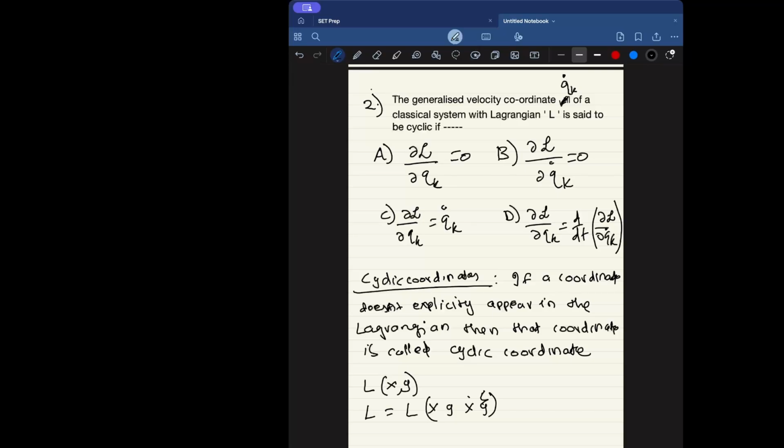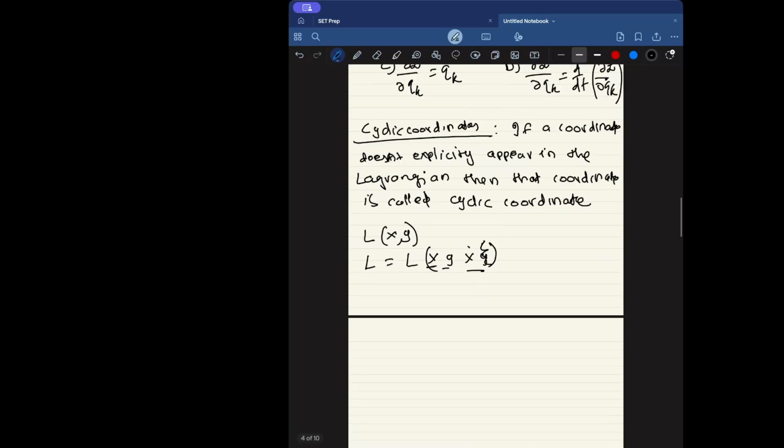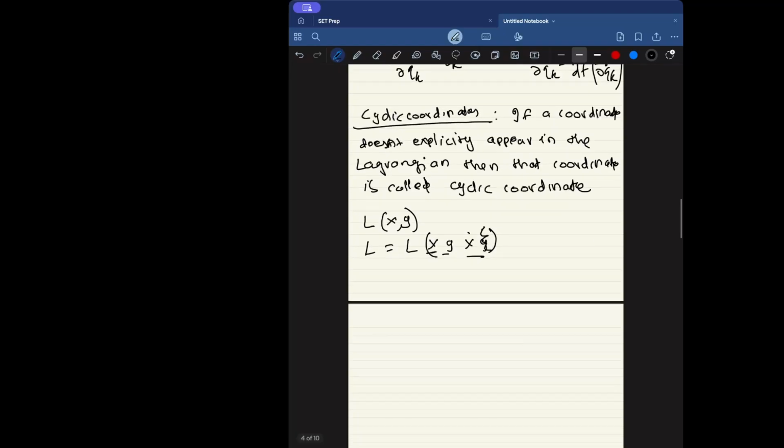Suppose y dot is not present in this Lagrangian, then the Lagrangian will have only x, y and x dot. So how to find if y dot is a cyclic coordinate? You just have to differentiate the Lagrangian with y dot. If this derivative is equal to 0, that means y dot is a cyclic coordinate because y dot is not present in the Lagrangian.